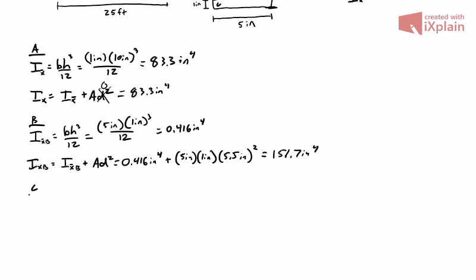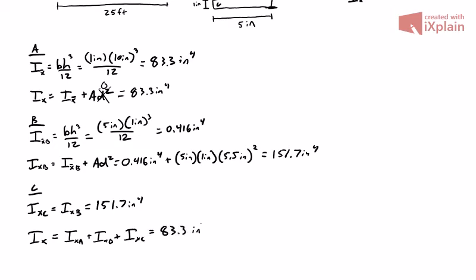Okay, so then if we look at C, shape C is the same as shape B, so Ix C is equal to Ix B, which is 151.7 inches to the fourth. If we want the entire shape's Ix, that's Ix A plus Ix B plus Ix C. So that's 83.3 inches to the fourth plus 151.7 inches to the fourth plus another 151.7 inches to the fourth. We get that the moment of inertia in the x direction is 386.67 inches to the fourth.